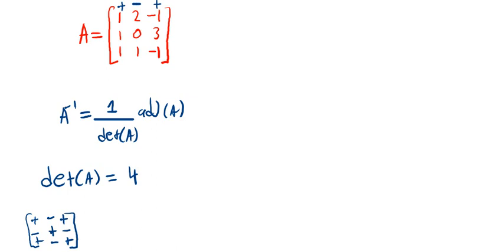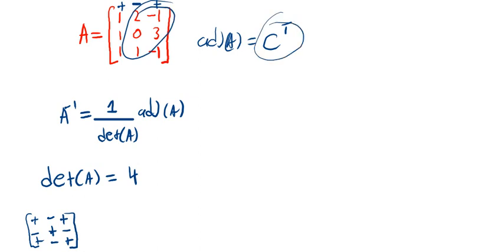So the adjoint of A is equal to the transpose of the cofactor matrix. From this, come up with the cofactor matrix, transpose it, and you will have your adjoint.